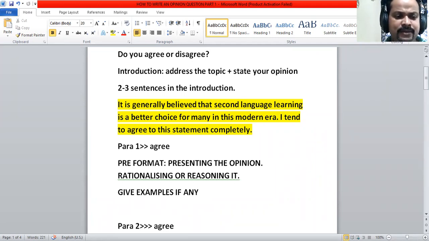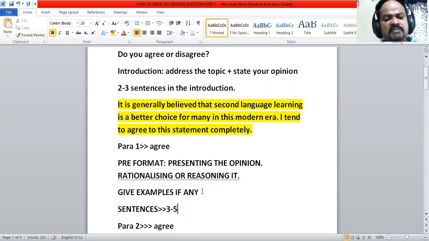I can write the word count and the sentence count. The ideal number of sentences is 3 to 5, minimum 3. And if you're writing 3 sentences, there should be a minimum of 13 words in one sentence.